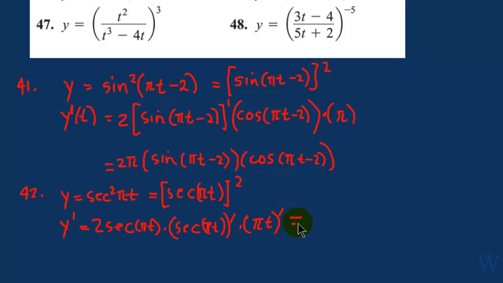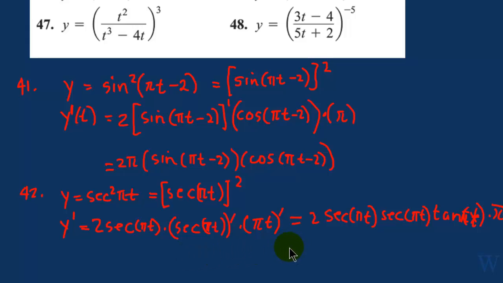So that's equal to 2 secant of pi t. Now I take the derivative of secant, which is secant times tangent, and then the last part would be the derivative of pi t with respect to t, which is just pi.